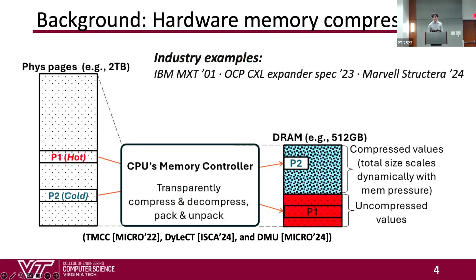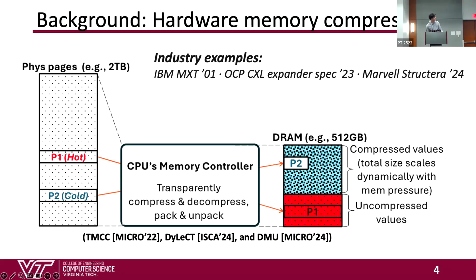So there are several examples of capacity-oriented hardware memory compression in both industry and academia. And it's common in these systems to tier DRAM into a compressed and uncompressed tier. This type of memory system is the setting for this work.